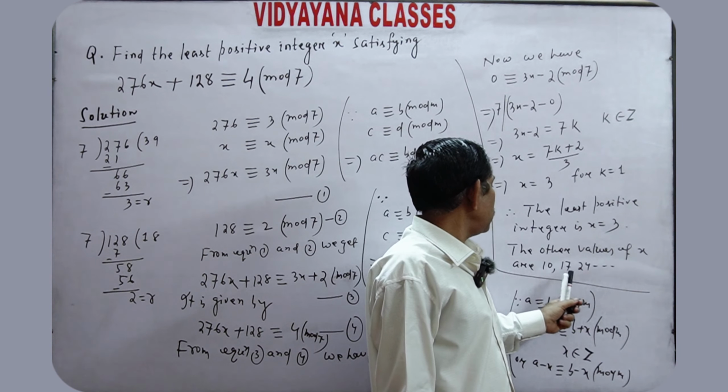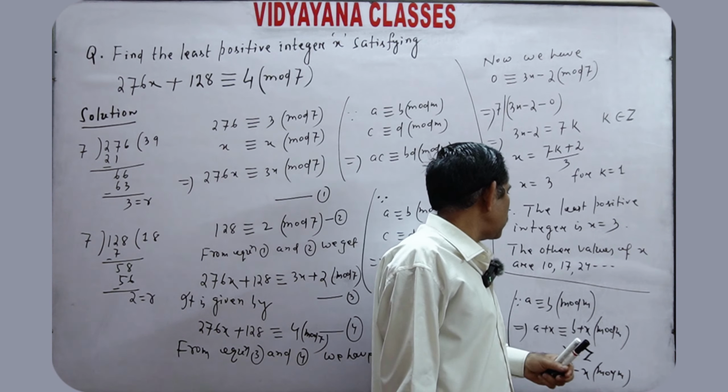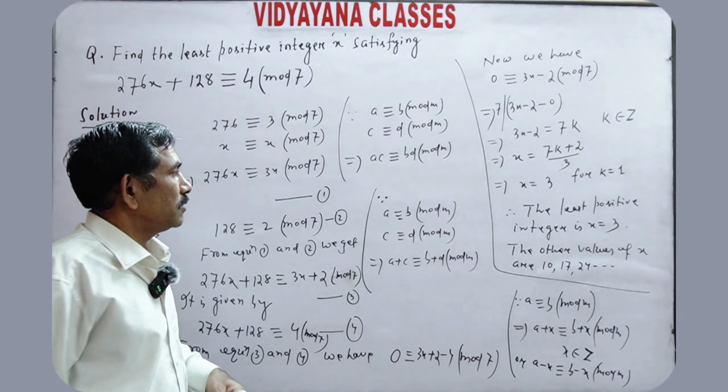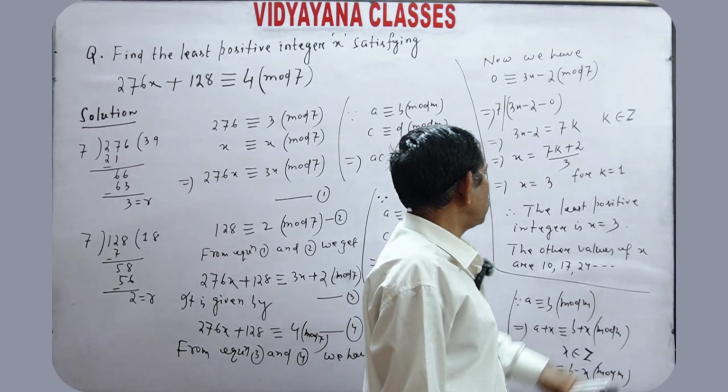The next value is 10 plus 7, that is 17. 17 plus 7, that is equal to 24, and so on. But the least positive integer is x equal to 3.